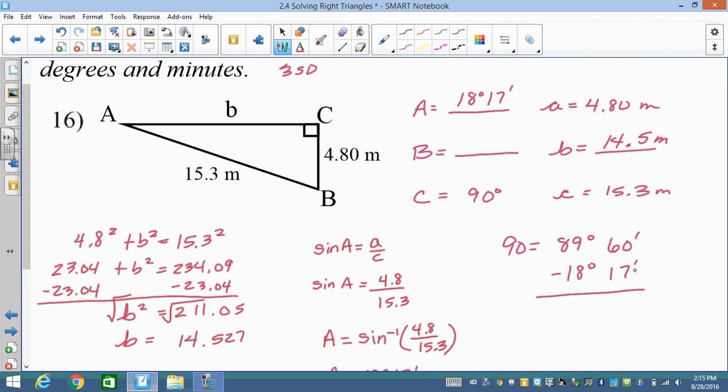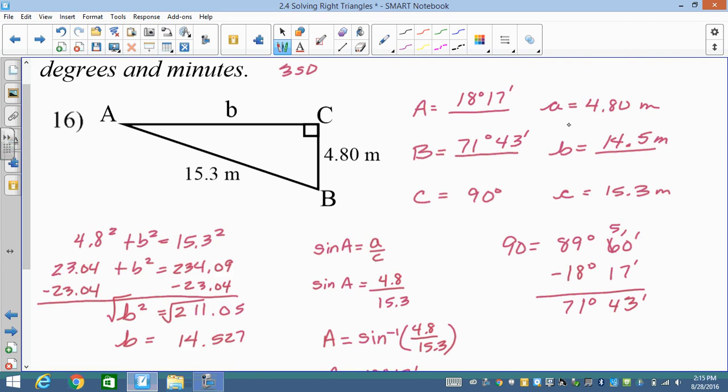And we do the math. So 10 minus 7 is 3, 5 minus 1 is 4, so we get 43 minutes. And 9 minus 8 is 1, 8 minus 1 is 7, so we get 71 degrees, 43 minutes.